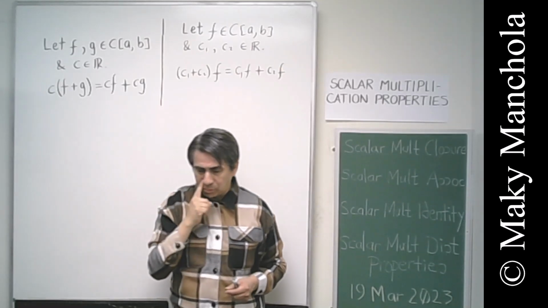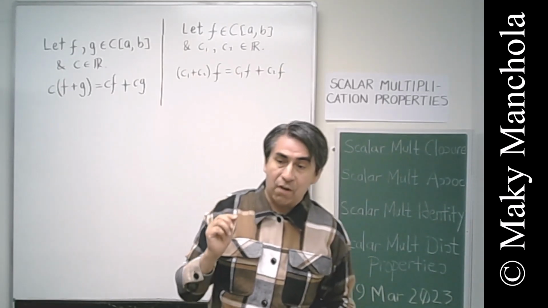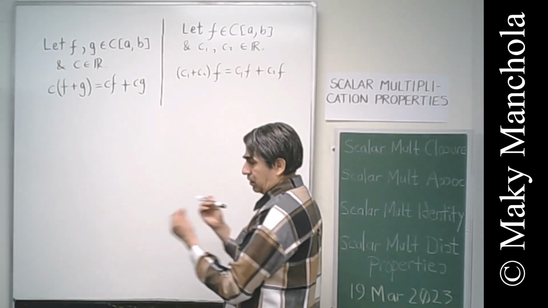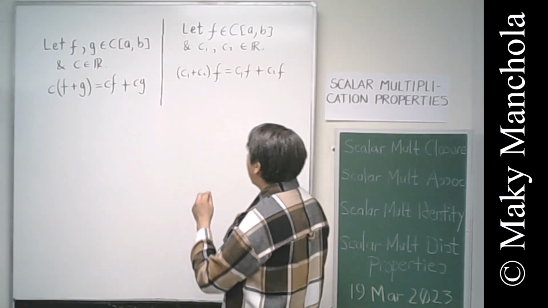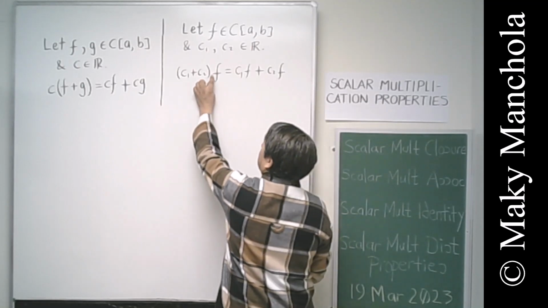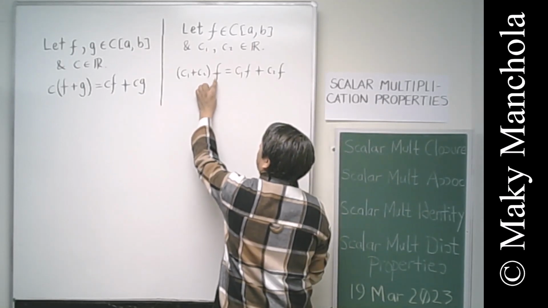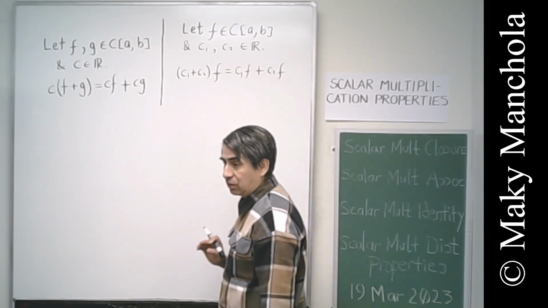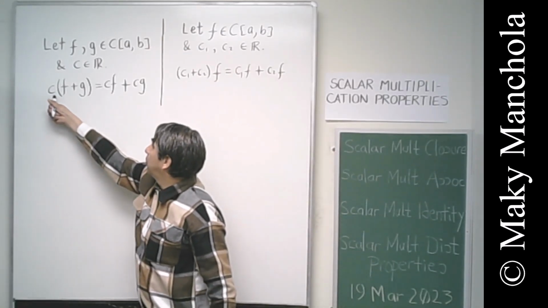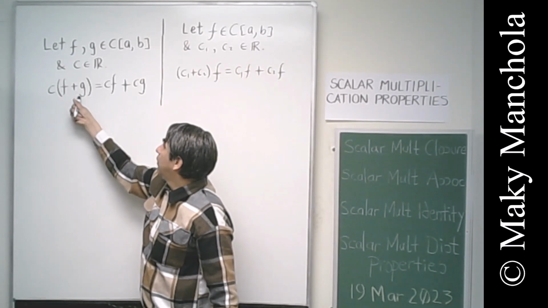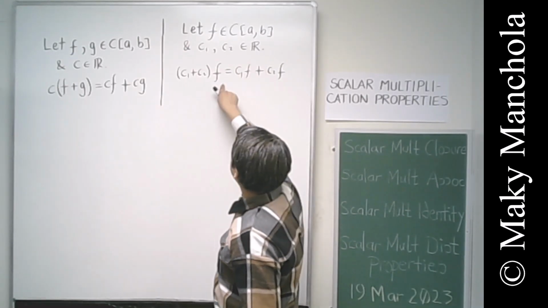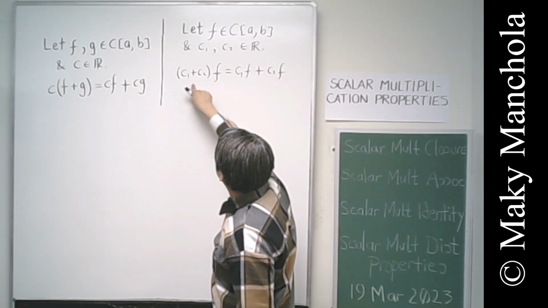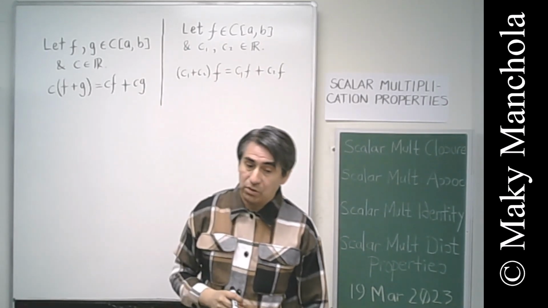Here we're seeing the other role switch. Here scalar multiplication distributes over scalar addition. So here the multiplication distributes over addition of functions. There scalar multiplication distributes over addition of real numbers.